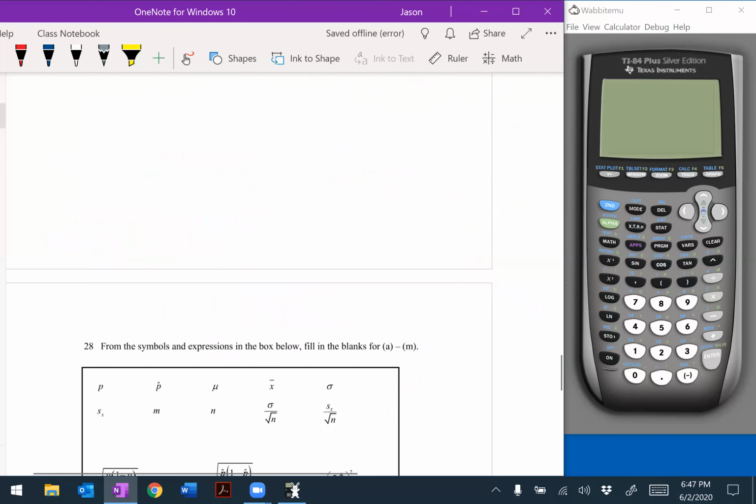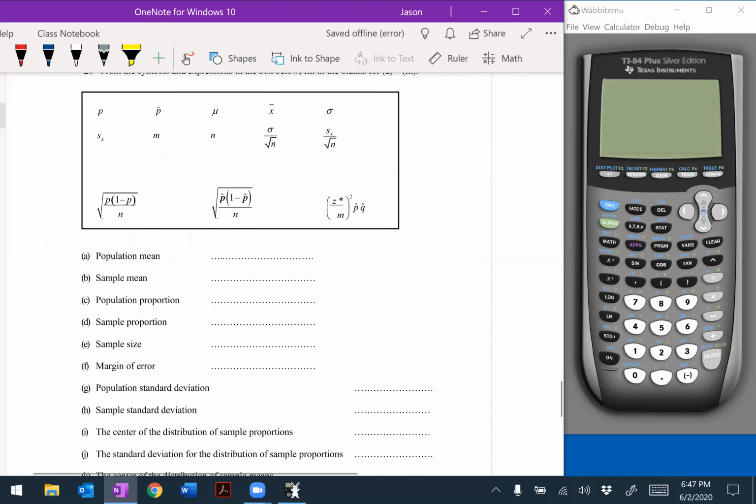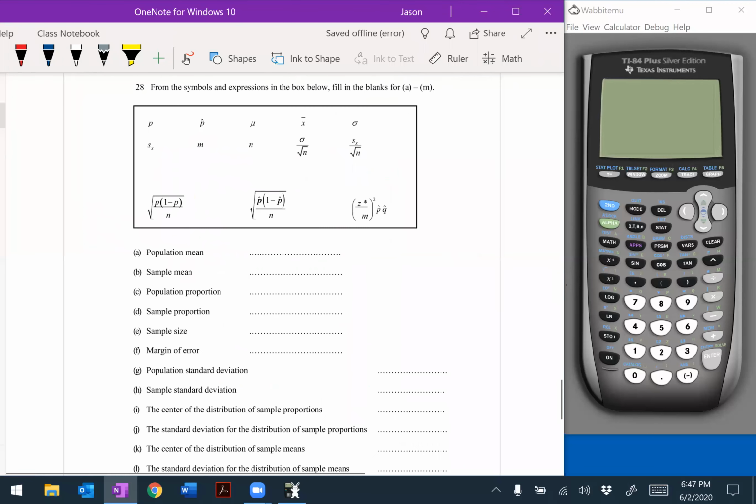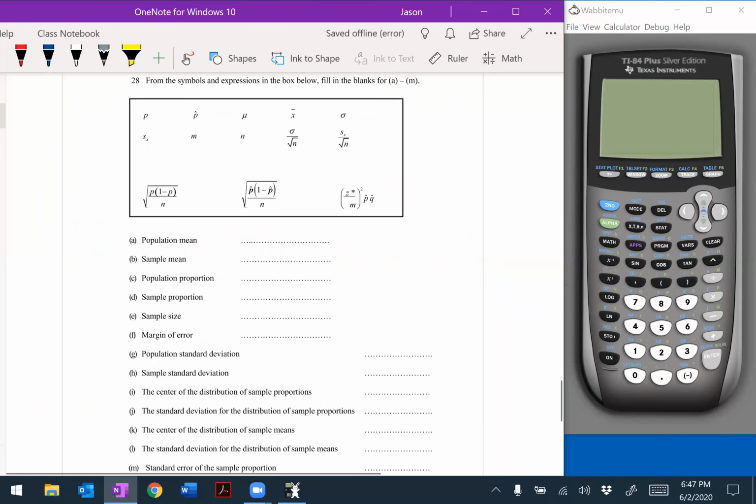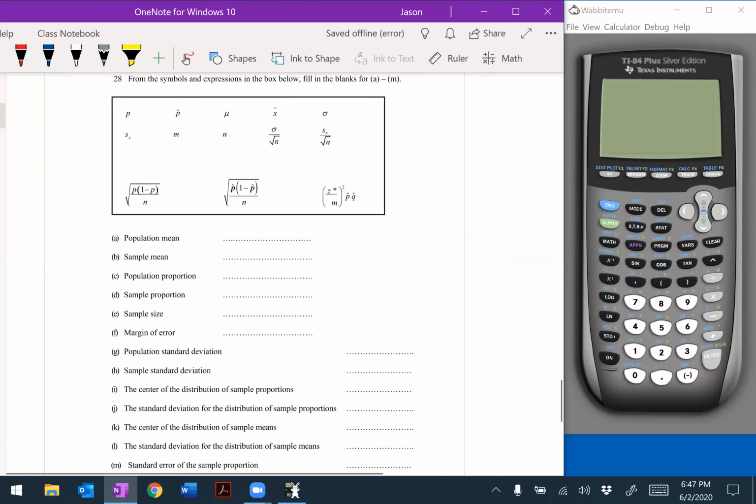Let's go to these symbols here. From these symbols and expressions in the box, fill in the blanks A through M. Population mean, which symbol refers to population mean? Well, how about mu? I'm not going to cross it off because some of these are maybe used more than once.